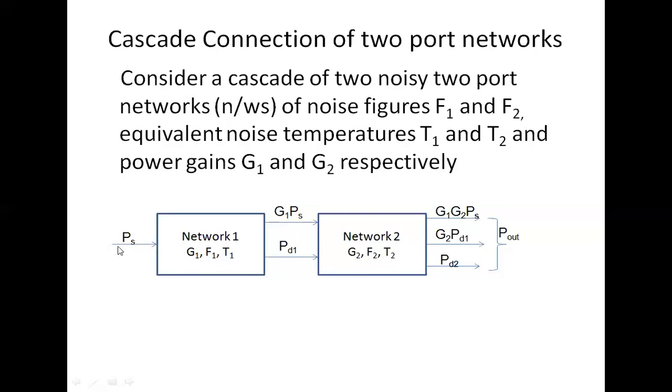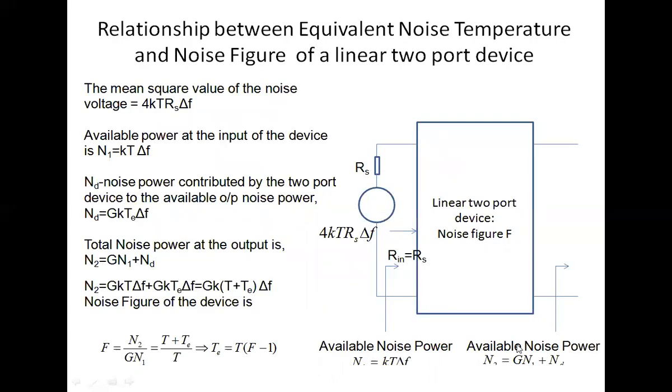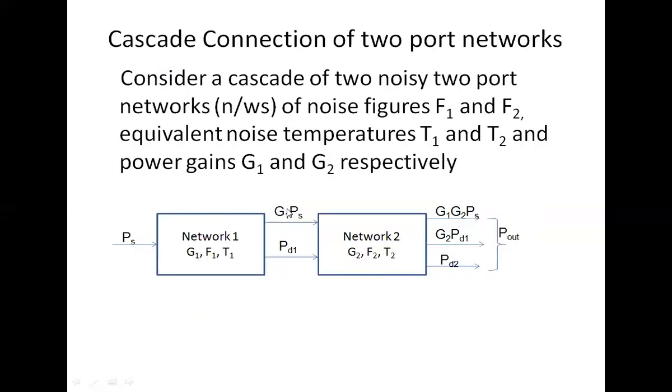If the input noise power is PS, then at the output of network 1 there are two terms, like we saw earlier. One is due to the source, that is the input power multiplied by the gain G1, plus the device noise: G1 multiplied by PS plus the device's own noise power, PD1. Next we have network 2 with power gain G2, noise figure F2, and equivalent noise temperature Te2. For this, the input noise power is G1 PS plus PD1.